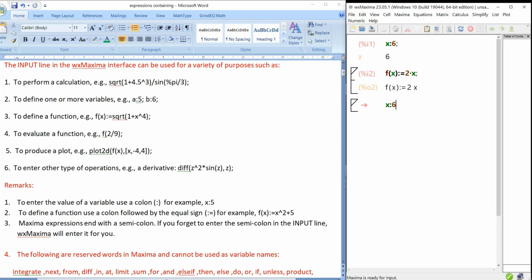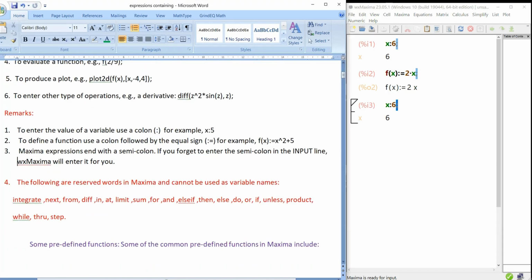Then when I press shift along with the enter key, the semicolon is automatically there. WX Maxima has placed it automatically, right? So these were the three remarks you need to remember.